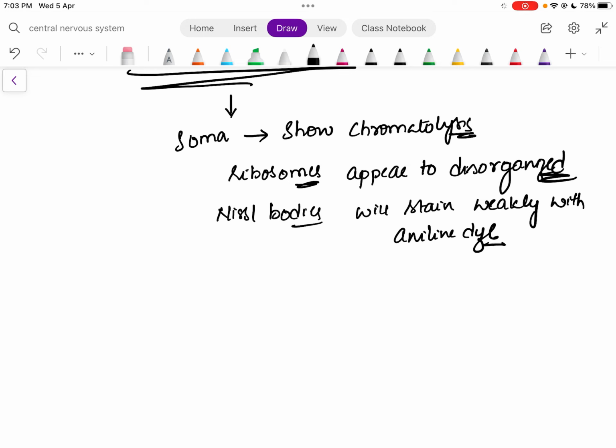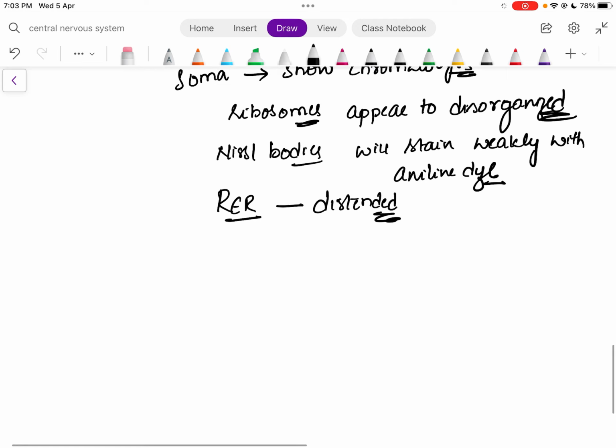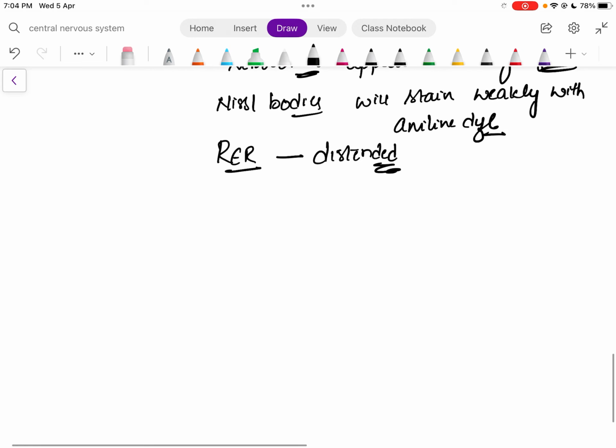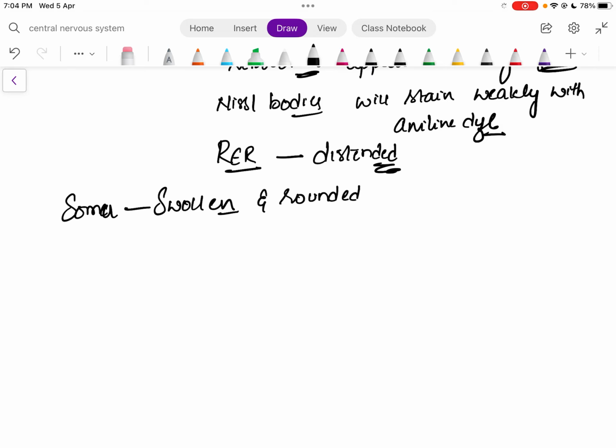Aniline dye. And the rough endoplasmic reticulum present in the cell body will be distended. And the cell body will be swollen. The soma will be swollen and will become rounded. Normally the shape of this soma is like this and it will become rounded.